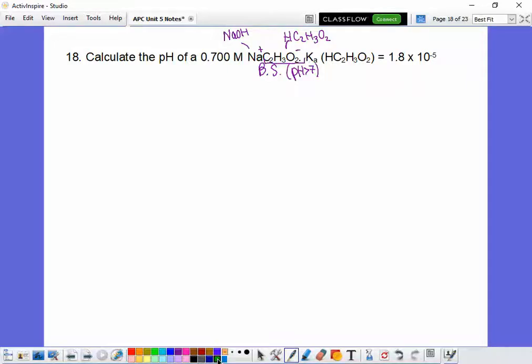All right. So my RICE table, my R is going to be the Bronsted-Lowry reaction of the ion in my salt that comes from the weak substance. So it's going to be C2H3O2 minus reacting with water. What are my products?